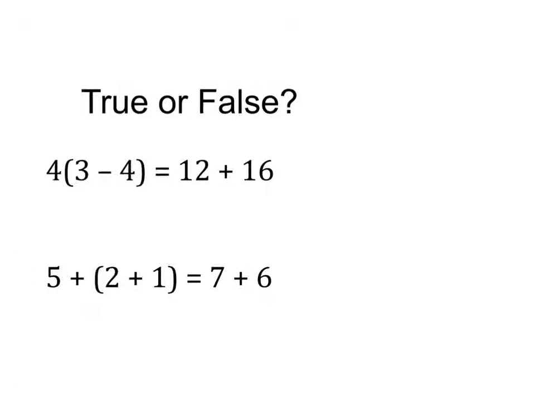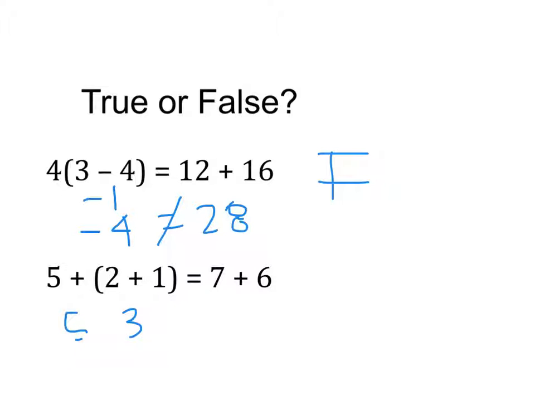All right, 3 minus 4 is negative 1. 4 times negative 1 is negative 4. 12 plus 16 is 28. These are not equivalent, so this would be false. If I do parentheses first, 2 plus 1 is 3.